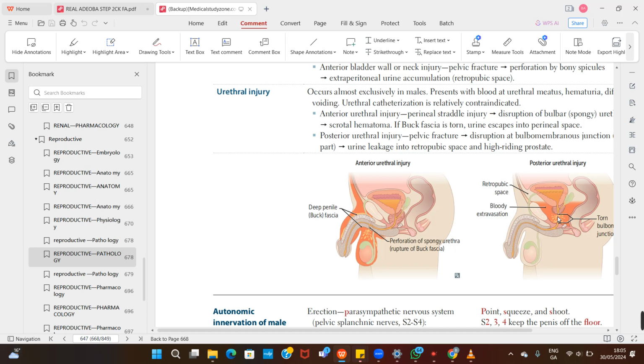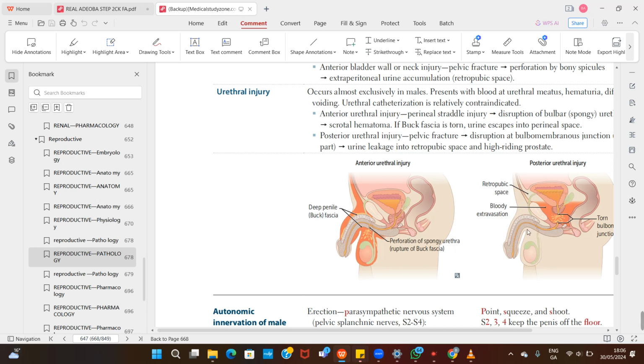So high riding prostate. Almost all the cases of urethral injury will cause blood at the meatus of the penis. So you are going to see blood here, right? You can feel for a high riding prostate. The patient can tell you they have difficulty voiding, right? You can get the finding of microscopic hematuria.